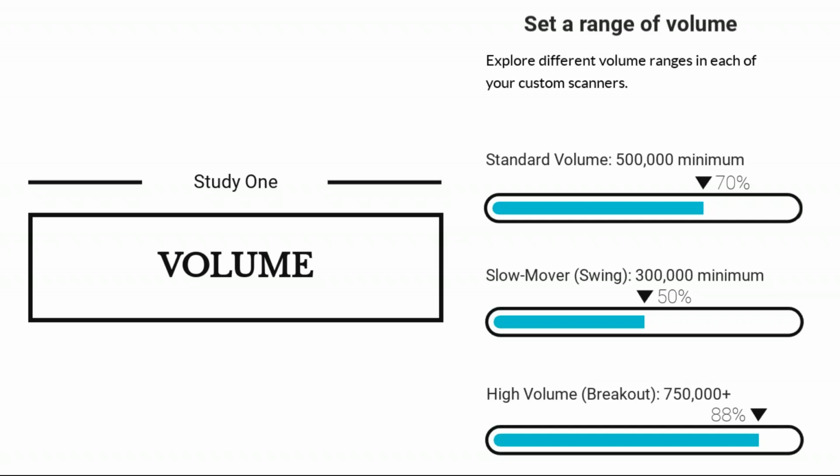And for high volume breakouts, these are the main runners, the main news catalyst stocks of that morning, things that everybody's eyes are on. Most momentum plays are in this category of a high volume breakout scanner range, and that's sitting around 750,000 or more.